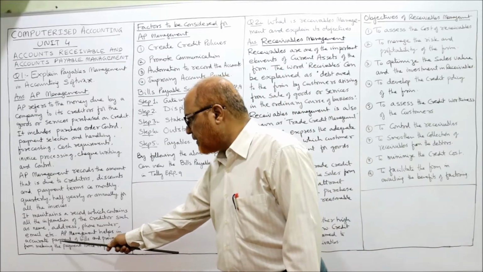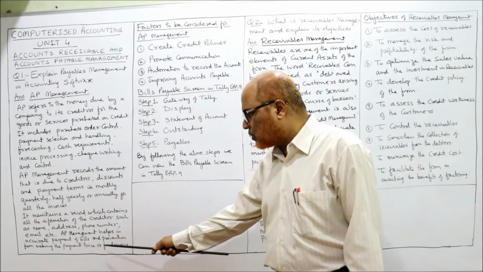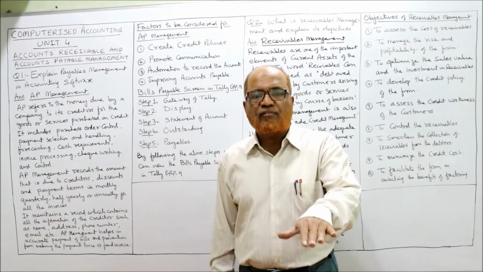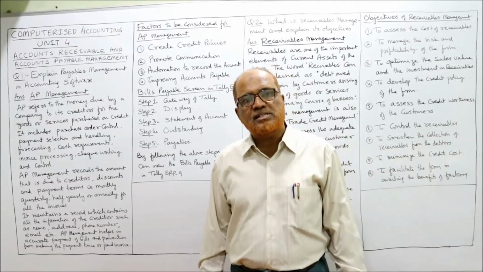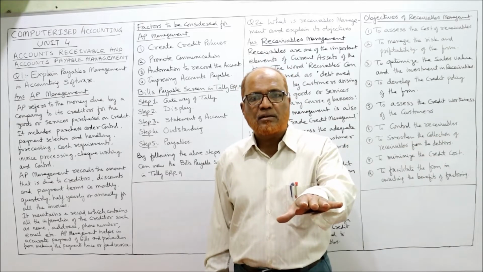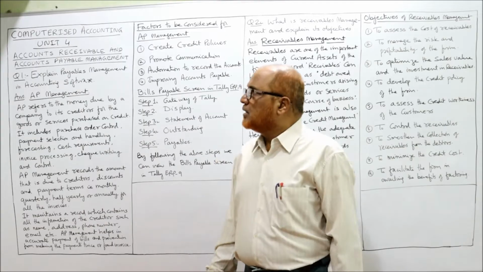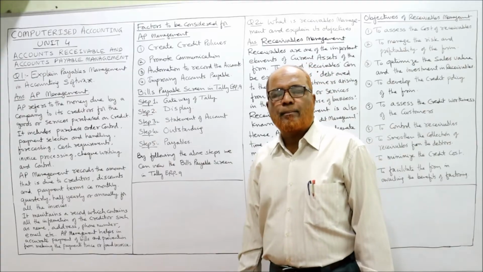Then it helps in making accurate payment of bills and prevention from making the payment twice or fraud invoices. To prevent fraud invoices, to make double payment of the same invoice, to prevent this, we must manage the accounts payable. That's it.